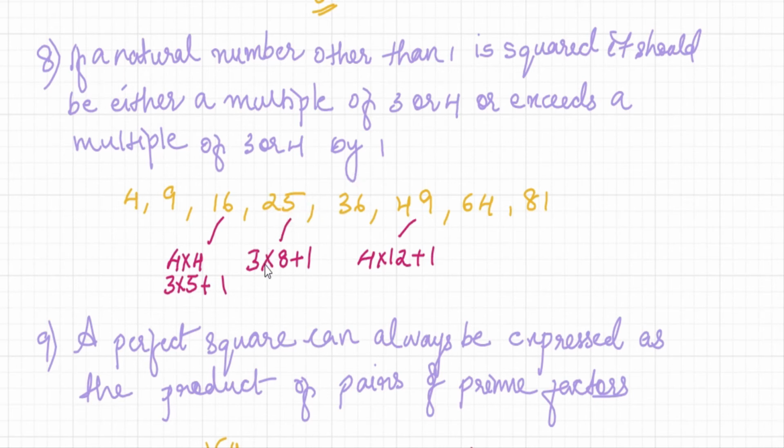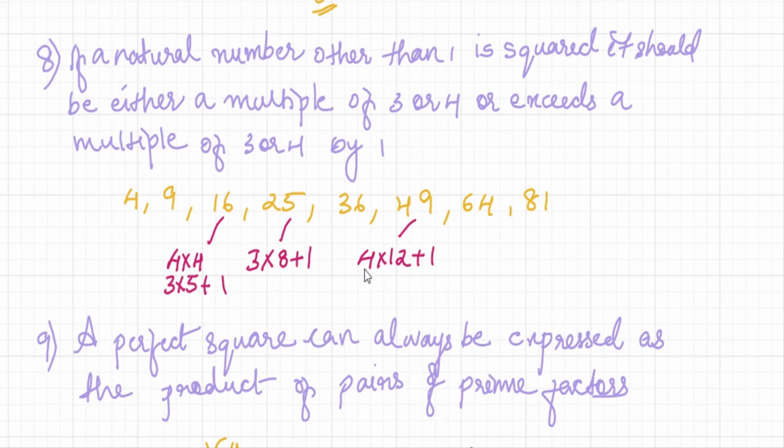So it is not a multiple of 3 and not a multiple of 4, but it is a multiple of 3 plus 1. Either it will be a multiple of 3 or 4 or exceed a multiple of 3 or 4 by 1. Clear? Now the example 49.